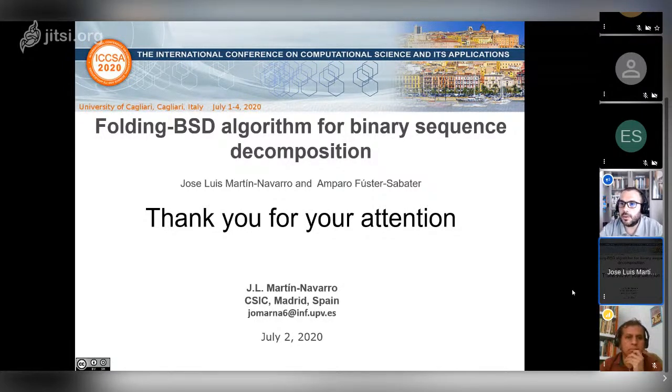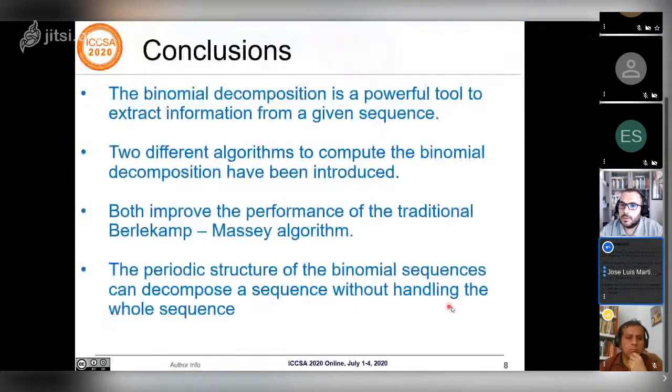has increased with your approach, the folding BSD algorithm, with respect to the Berlekamp-Massey algorithm. Well, the Berlekamp-Massey algorithm, which is the classic algorithm to do this kind of operation, mostly needs 2 times the length of the sequence.